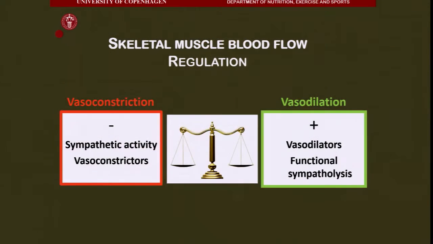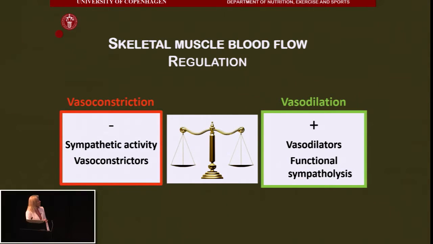And if we look at the overall regulation of skeletal muscle blood flow, it's all a matter of a balance between, on one hand, vasoconstriction, and on the other hand, vasodilation. Vasoconstriction is pretty much mediated by sympathetic activity, which we of course know increases during exercise. There could be some role of vasoconstrictors, but this is probably more so in disease states.